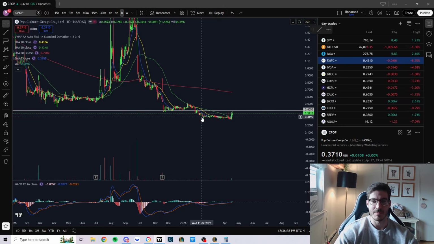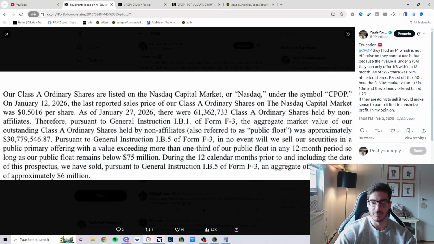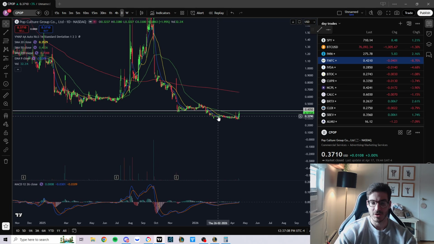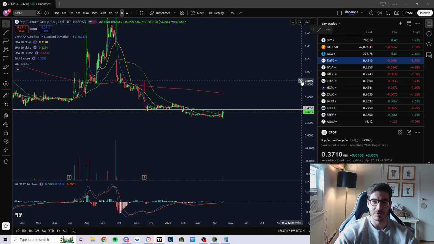Like CPOP, it may take over a month, but I still think that it's going to work. I talked about this in February, so I've been talking about this since February, so it may take a while to go, but that's just the way that it is. Not every play goes right away, okay? But it's important to be able to read filings.